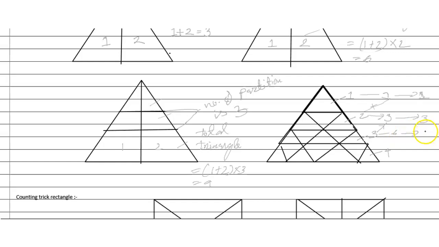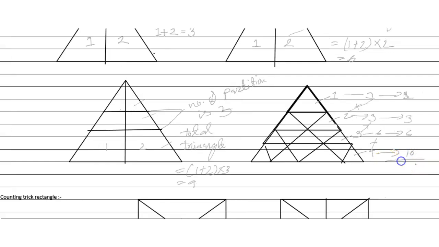This is only 6. After that 6 plus 4, this is 10. So total number is 10 plus 6, 16 plus 3, 19, 19 plus 1, 20. And total number is 20. And you will take in here only the mid positions.